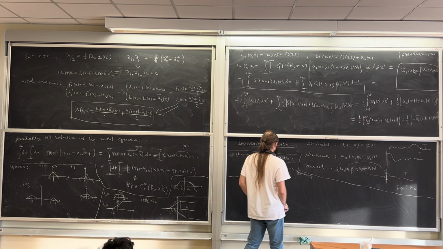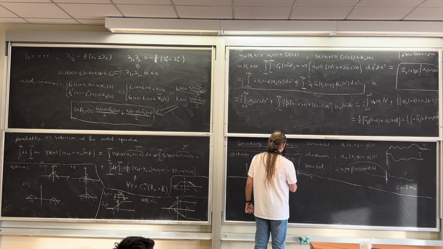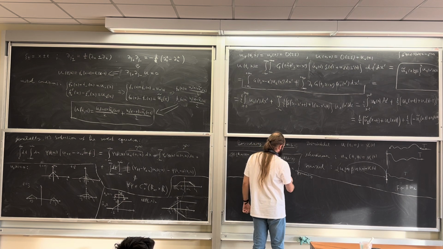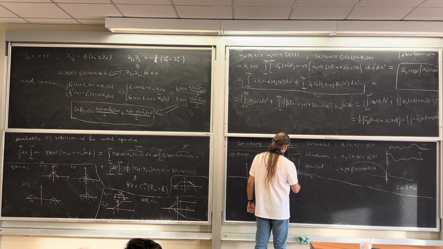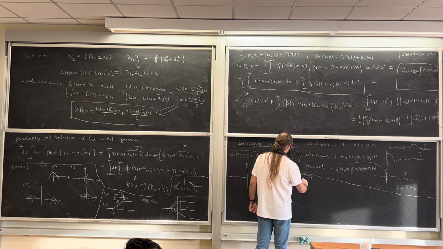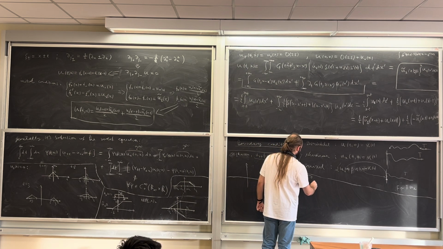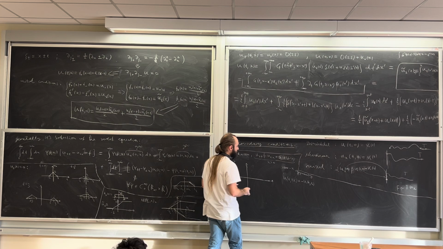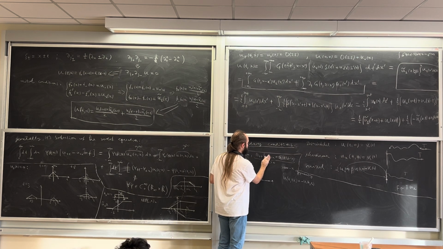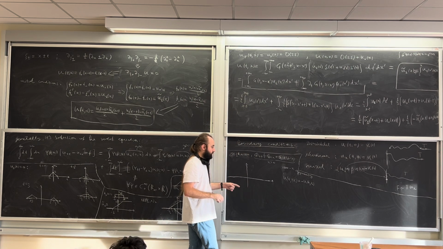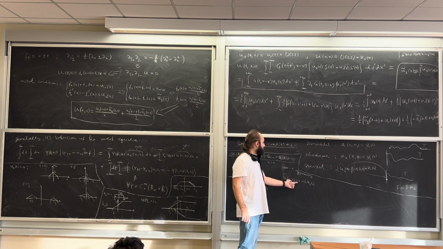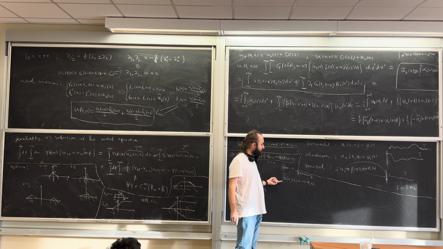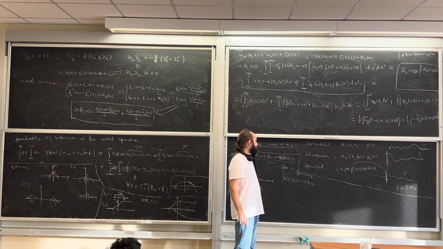Namely, we ask it to be u of (t, minus x) equal to minus u of (t, x). This is the equation for the Green function. If we impose this condition, then u of 0 is necessarily 0.